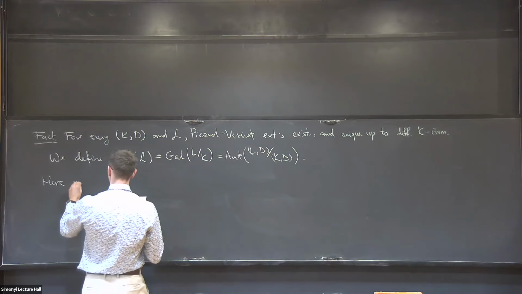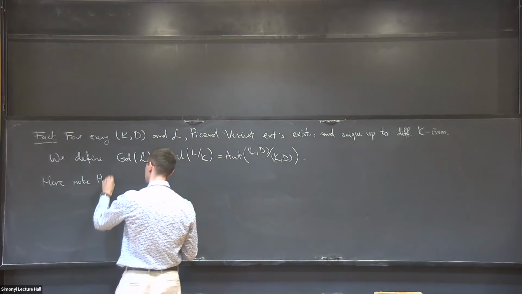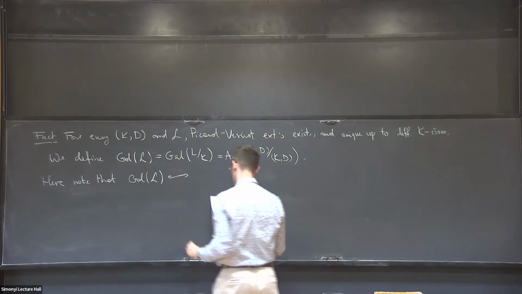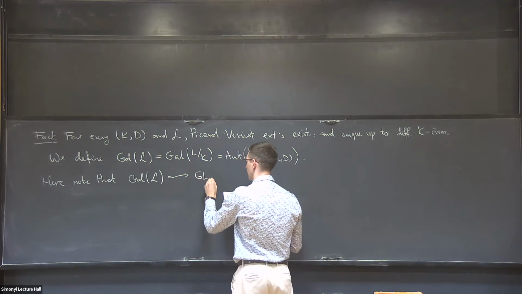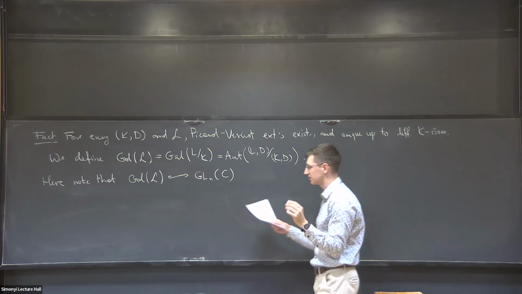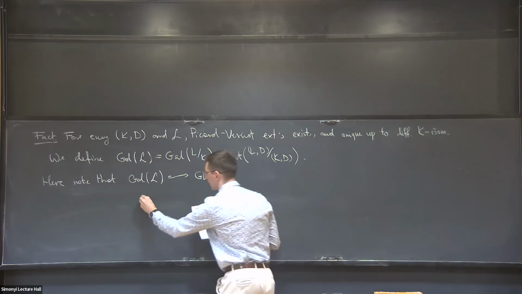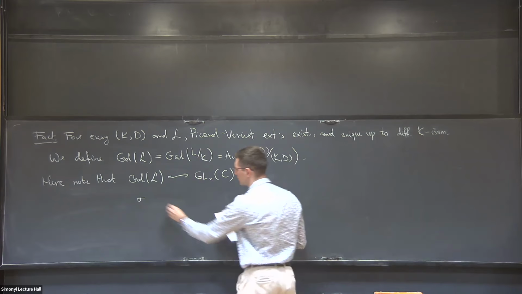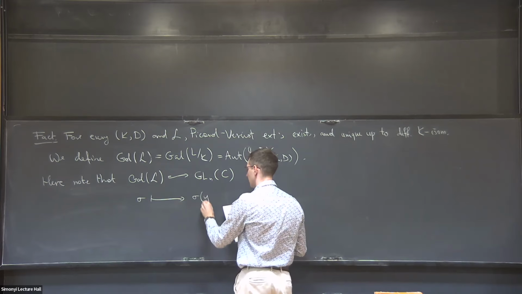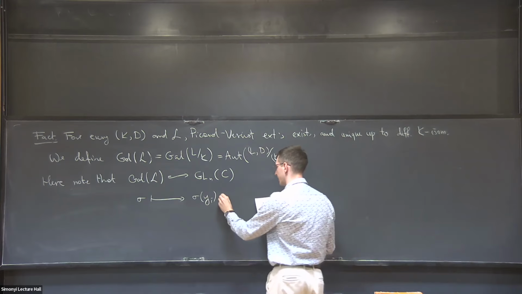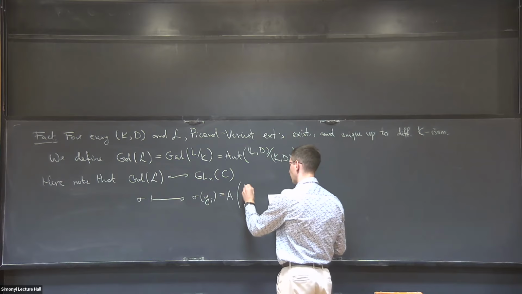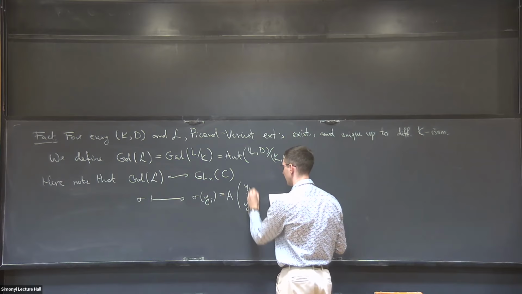And here, note that this Galois group of L embeds into GL_n of the constants, either constants of L or C, where if I have an automorphism of such a differential field, I can map it to a matrix such that sigma acts on y_i. This is K times y_1 through y_n.